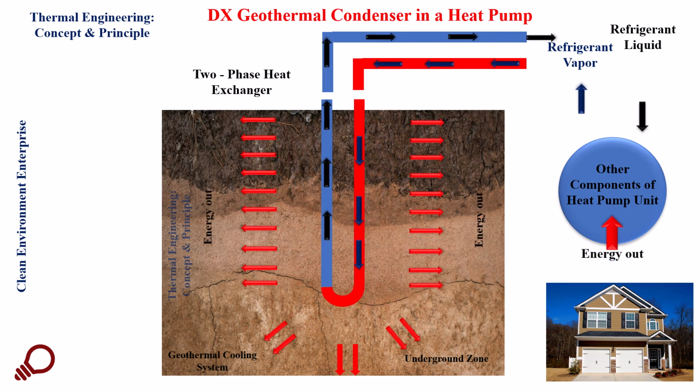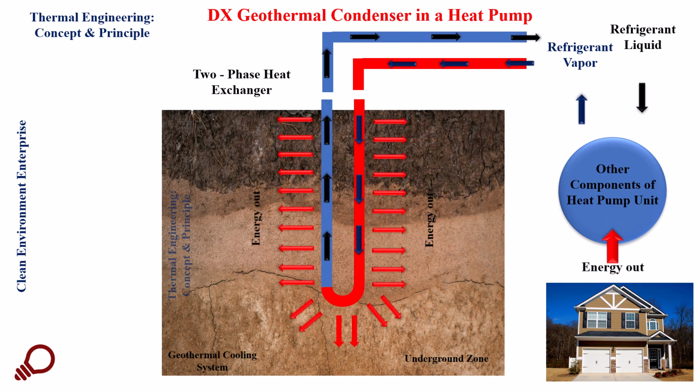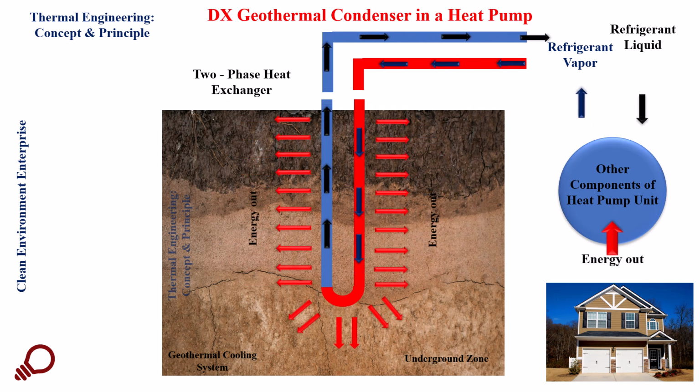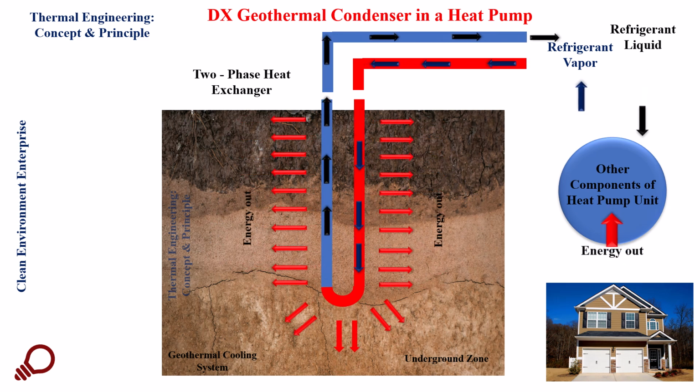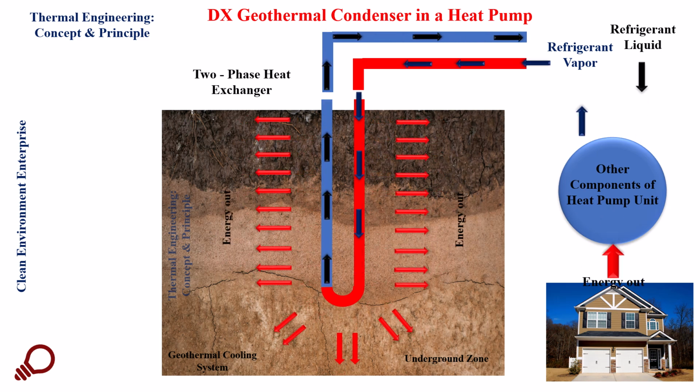Again, this is a DX geothermal condenser because we didn't need an intermediate fluid to transfer energy to the ground, because the main principal part, which represents the fluid that is circulated in the heat pump, is the liquid which passes through the heat exchanger.